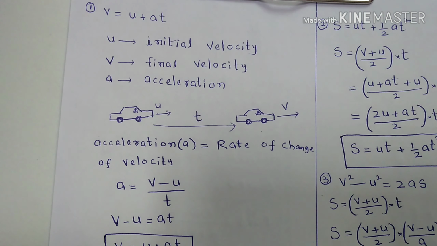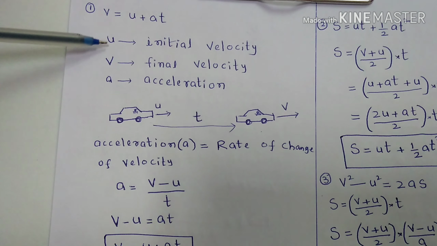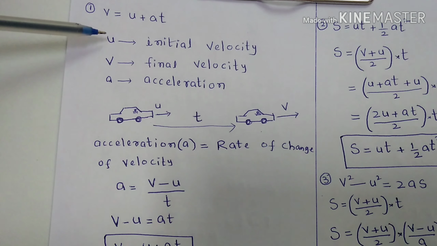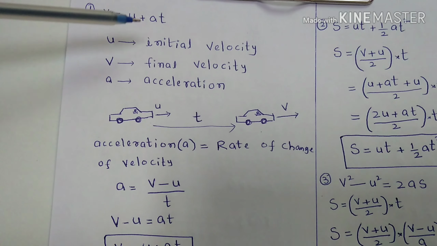Okay, see here. This is the first kinematic equation, V equal to U plus AT. This U is initial velocity. Why am I calling it initial velocity? For a particular reference time, whatever you take, I am taking initial time as 0 only, no?